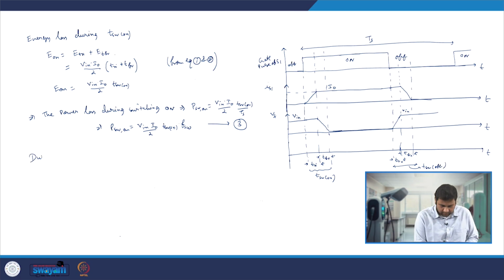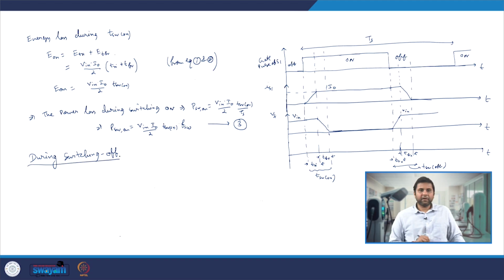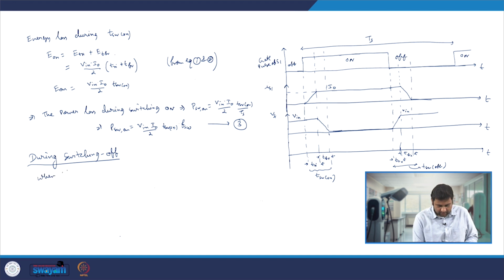So during turning off, when the device is going to turn off, for t between 0 and TRV, Is1 is equal to I naught, and Vs1 is equal to V_in t by TRV.